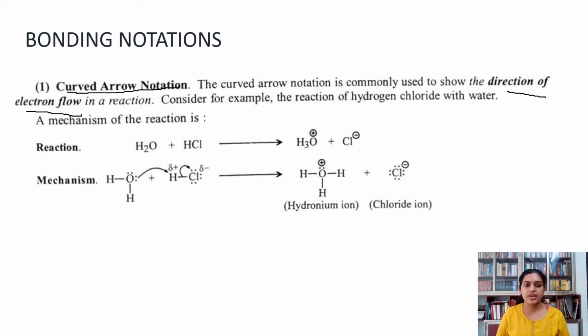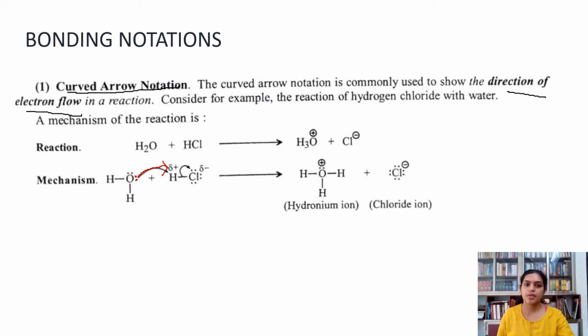Here in this reaction, H2O plus HCl will give you hydronium ion and Cl minus. How it takes place? Let's see. Oxygen in the water molecule has two lone pairs. One lone pair is shifted to H plus of HCl.